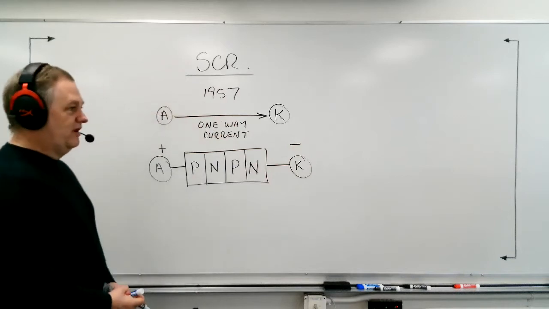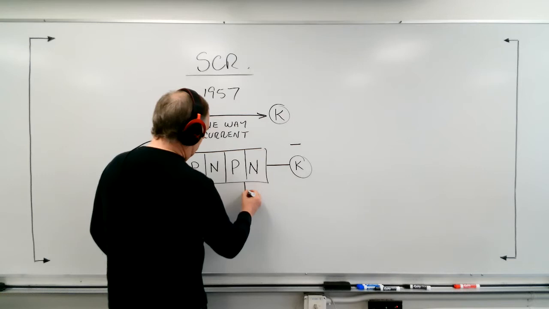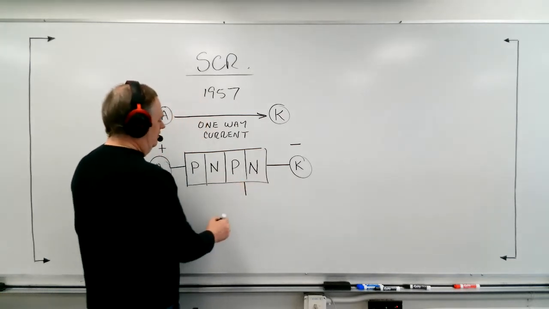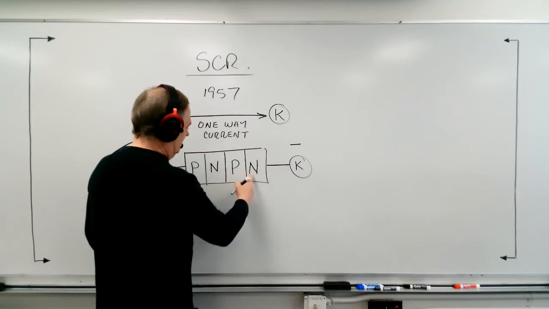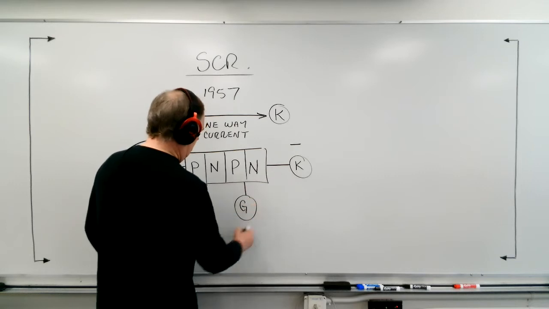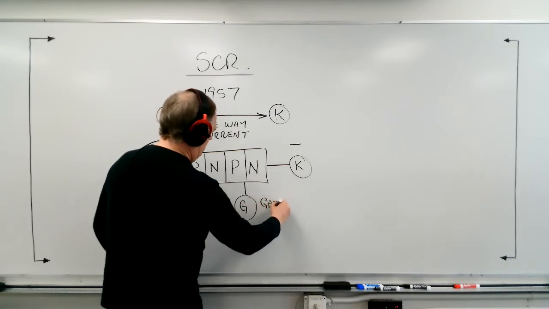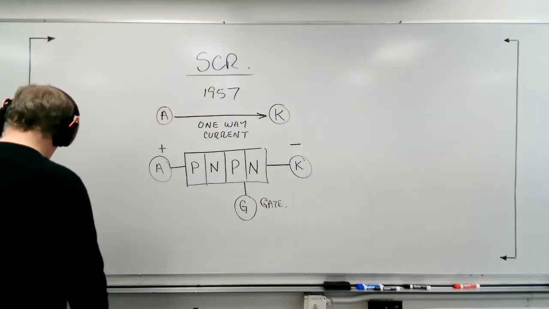Now, on this device we have one more lead, and it attaches right here, very close. It's on the p-type material, but quite close to the junction of the n. This lead is called the gate. So we have anode, cathode, and gate.